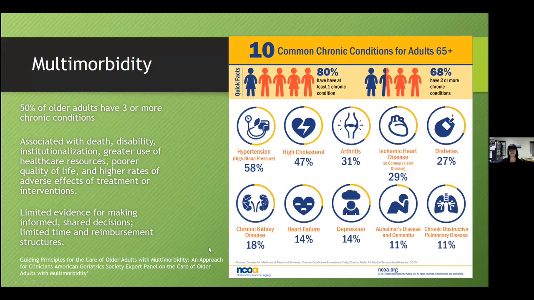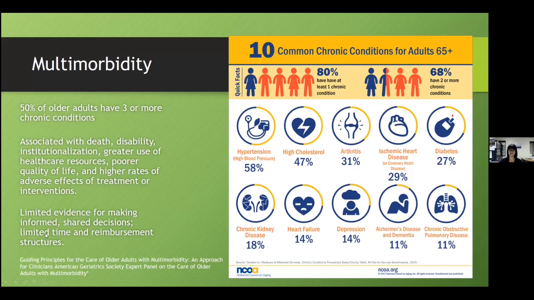And the challenge is, we have all these guidelines, looking at hypertension alone, diabetes alone, stroke management alone, but there's really not a lot of evidence that suggests how we put all of these pieces together for an individual and risk stratify treatment principles.